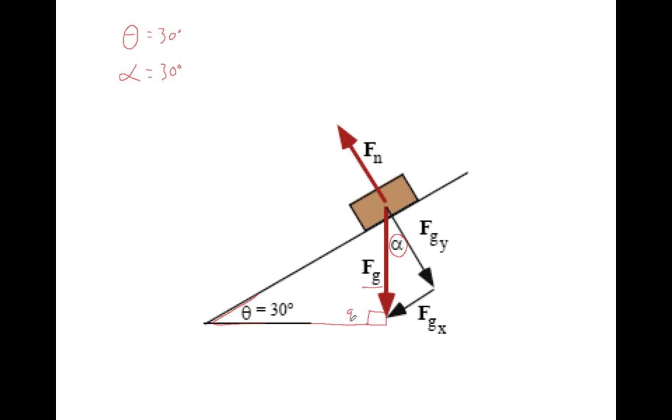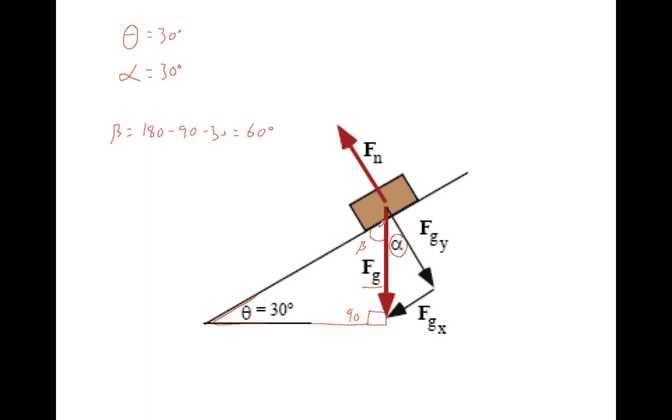So if this angle is 90, then this angle here, which we can call beta, is equal to 180 minus 90 minus 30, which equals 60 degrees. Okay, so beta equals 60 degrees.